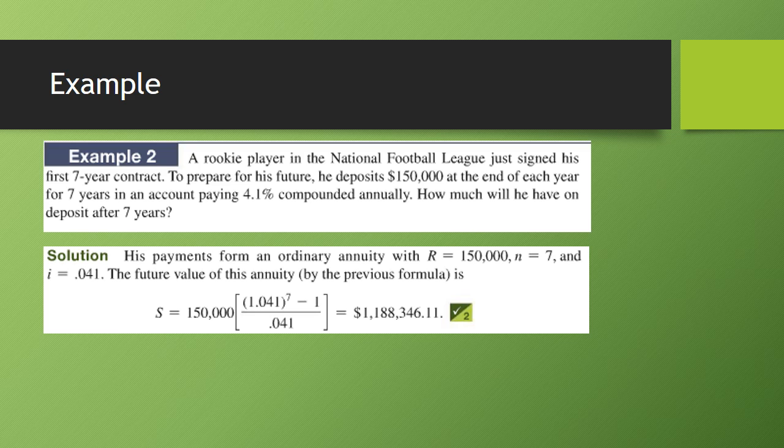So you see they kind of shortcutted it a little bit here. So you have $150,000 times 1.041, that's the 1 plus the interest, to the 7th power minus 1, over 0.041. At the end of those 7 years, he is going to have $1,188,346.11 in his account.